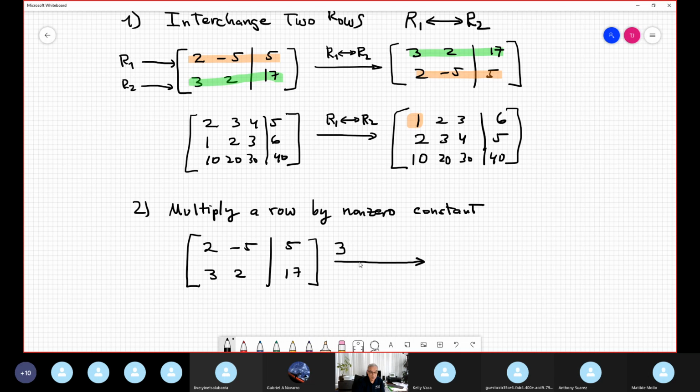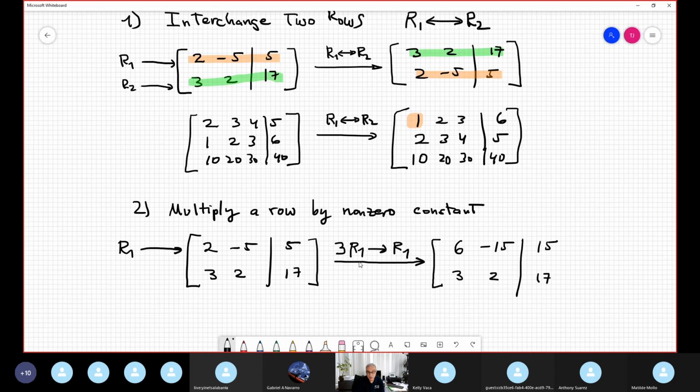3 R1 stored in R1. What does that mean? You take row 1, multiply by the constant, in this example 3, and the new row is stored in the same position as row 1. So it's 6, negative 15, 15 positive. And the other row stays the same because I don't touch row 2.